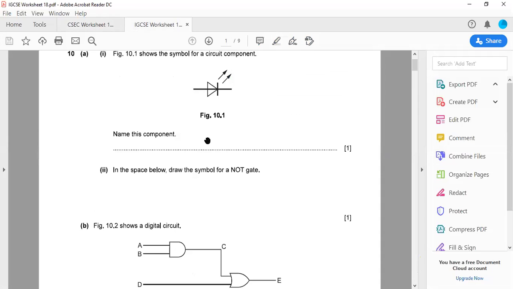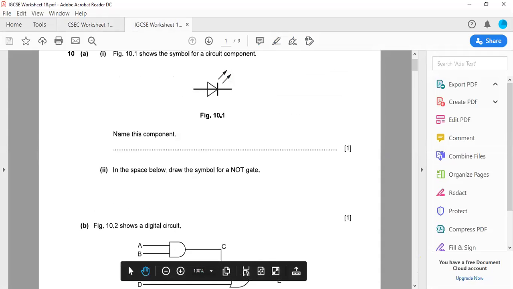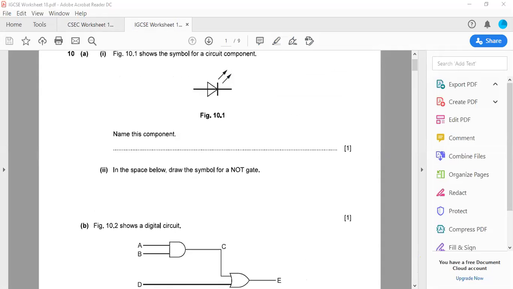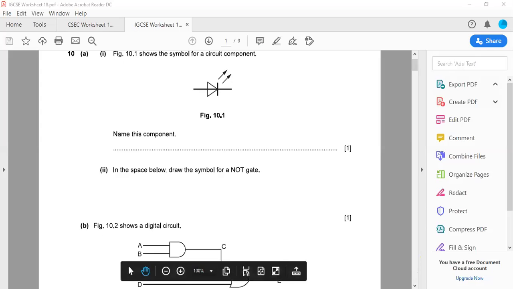All right. So for here, the symbol here is what? This was the symbol that was given. We would have done this, which would have been an LED. So this would have been an LED. That should have been your answer here. And LED stands for light emitting diode. So let's see if I could fill it out here.